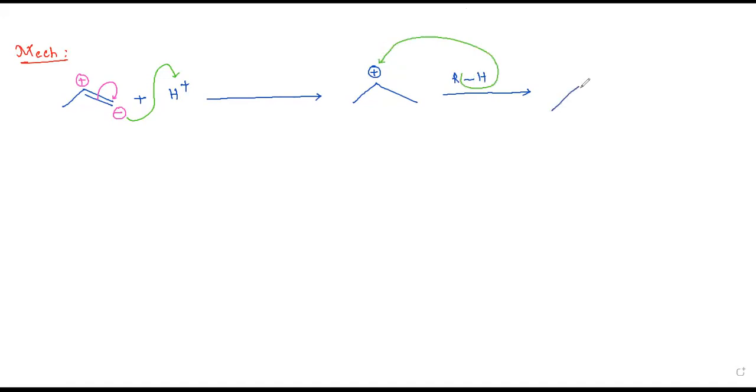H minus when added will give us simple alkane and R in the form of R plus, because it is the addition of R plus and H minus in the presence of acid. Yes, I've added H minus.